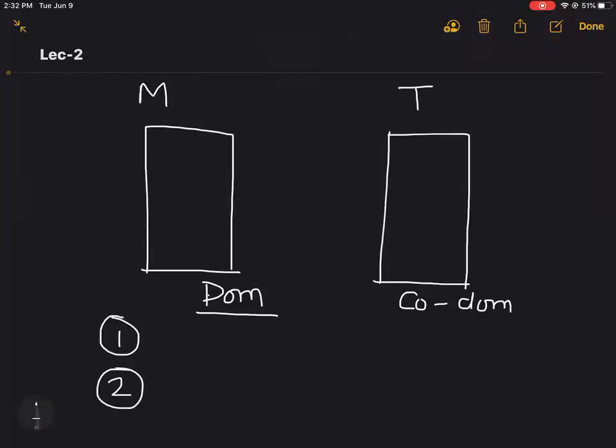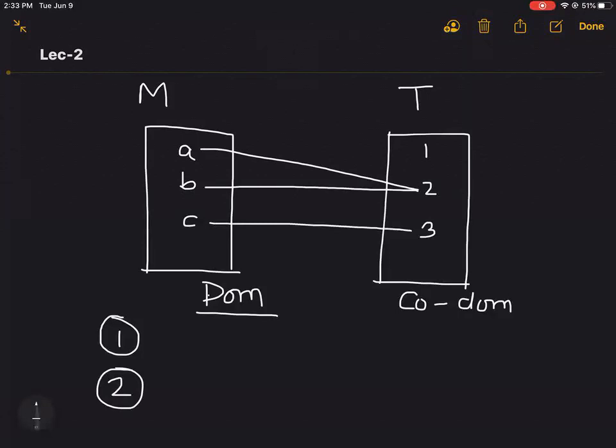Then we need to check whether we have a single element of domain which is related to more than one element in the codomain. Okay, so let me show an example of these two. So let's say A, B, C, 1, 2, 3 are the elements. So let's say A is related to 2, B is related to 2, C is related to 3.